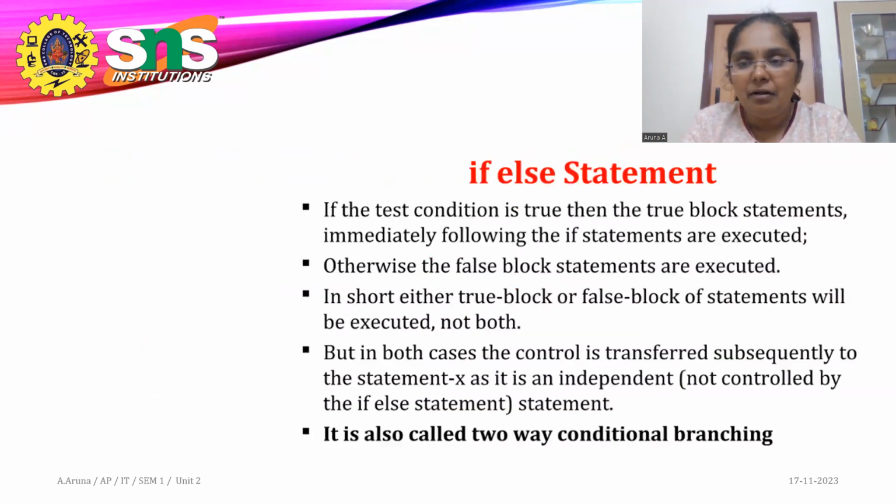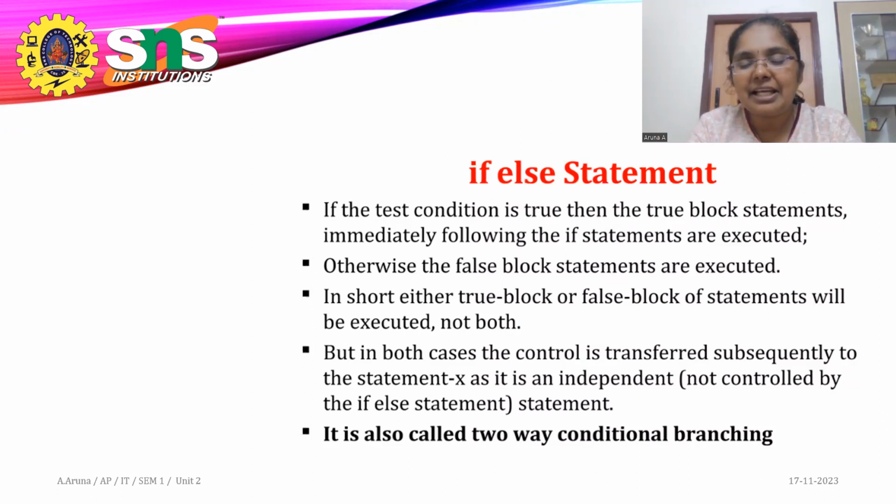The next thing is the if-else statement. This is the next type of conditional statement. In this conditional statement, if the condition is true, the true block immediately following the if statement is executed. Otherwise, the false block statements are executed.